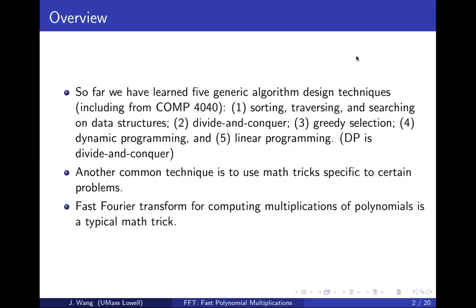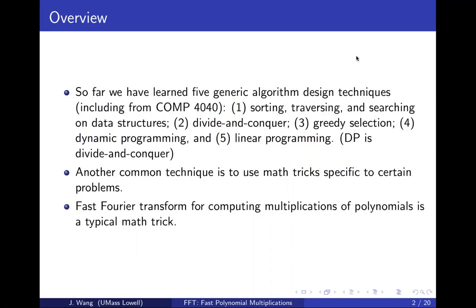So far, we have learned 5 generic algorithm design techniques, including the techniques we learned from COM 4040.